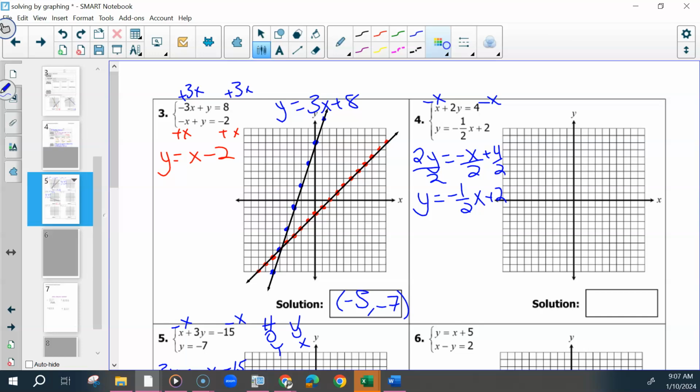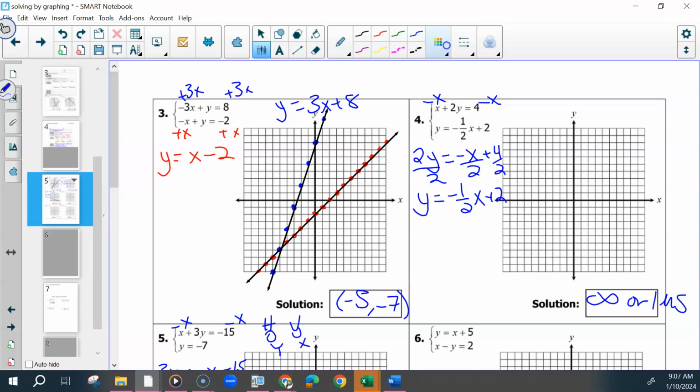Not no solution, because that would be parallel lines, but infinitely many. Alright, so I'm going to show you how to graph this, because you're not going to graph the line twice, or you can't, but there are different options.